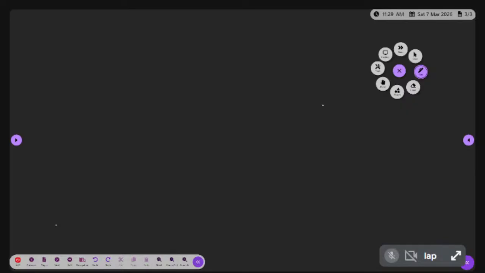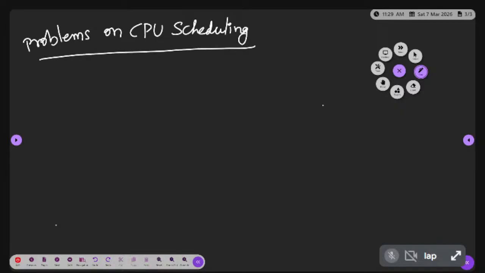Next we'll solve one problem on CPU scheduling algorithms. So here we need to calculate.